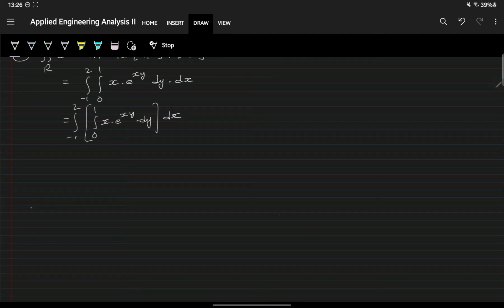So let us take xy as u, differentiating both sides.